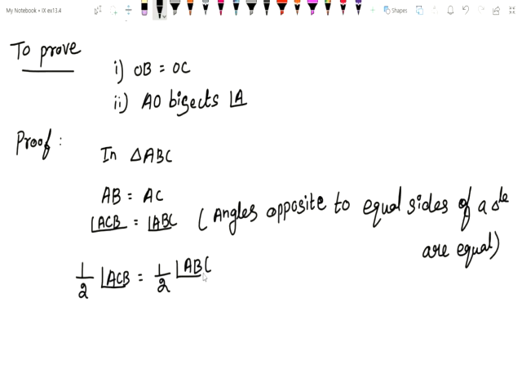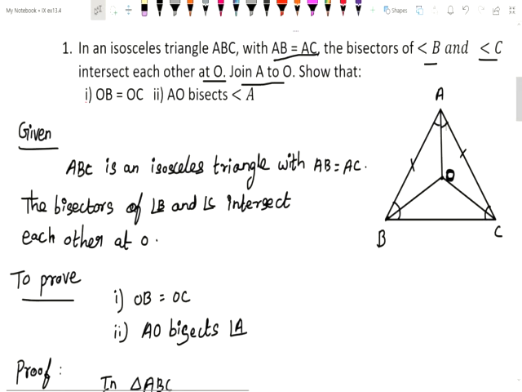So half of ACB, how do you say, children? See here, half of ACB. Look at the diagram. In the angle ACB, this half portion can be called OCB, or else OCA. These two angles are equal, but we need to prove OB equal to OC, so I am taking OCB.